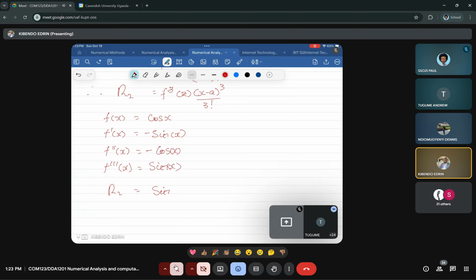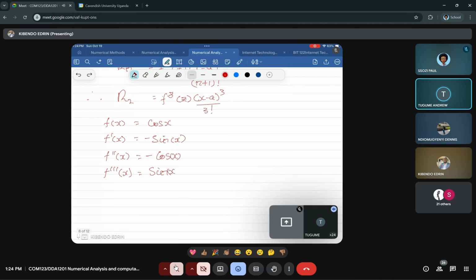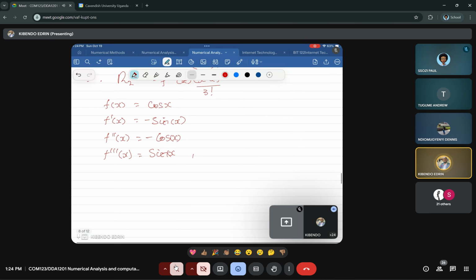Adrian, yes, aren't we supposed to substitute in x? X is 0.6. So if you find f of x is equal to cos x, you substitute cos 0.6 and get an answer, because we're given that it's centered at x is 0.6.